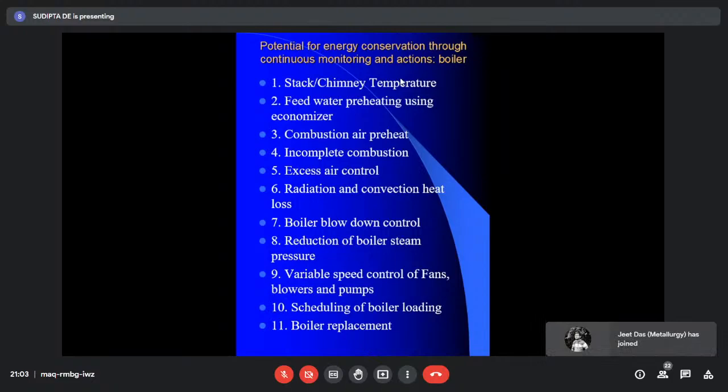Number 6, radiation and convection heat loss. What does it mean? Just write down: boiler inside temperature is much higher than its outside atmospheric temperature.